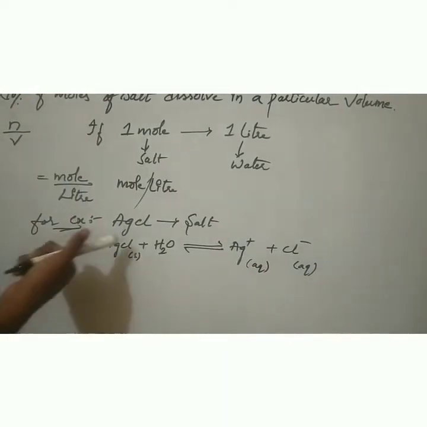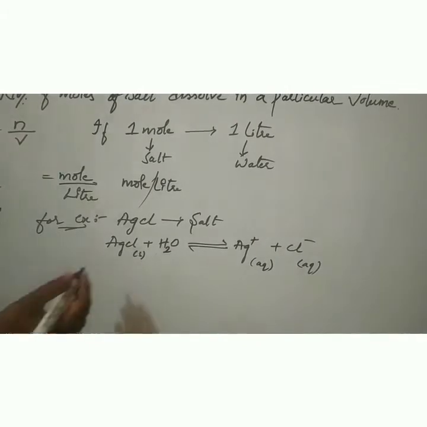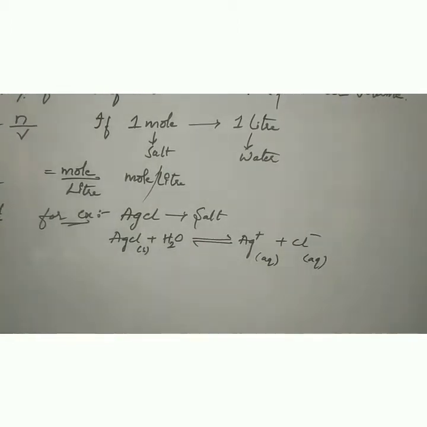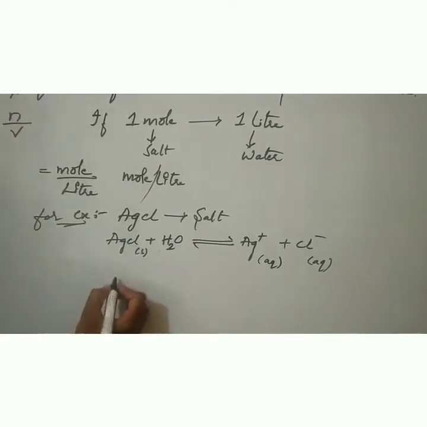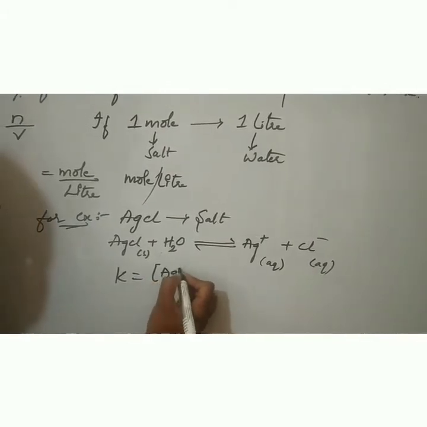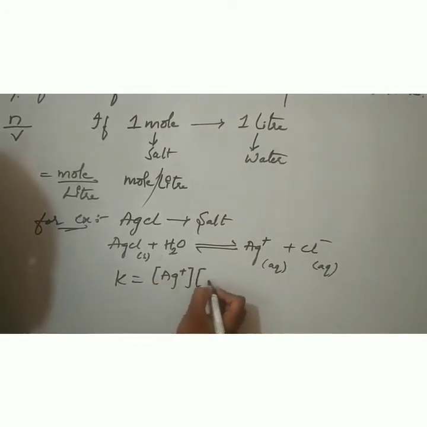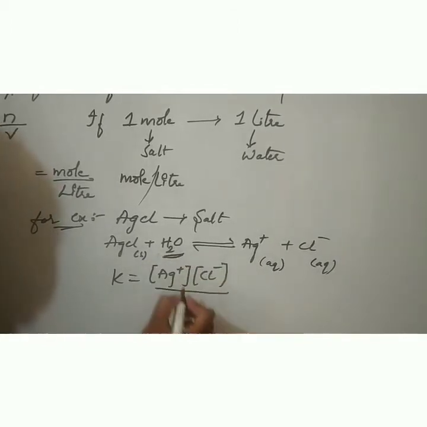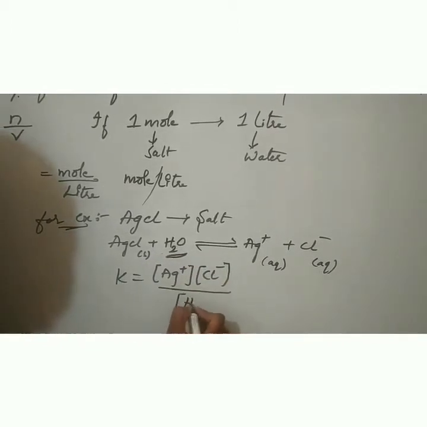The given example is AgCl. When the salt AgCl reacts with water to form Ag plus and Cl minus, then the product is K equals Ag plus, Cl minus, which is dissolved in water.